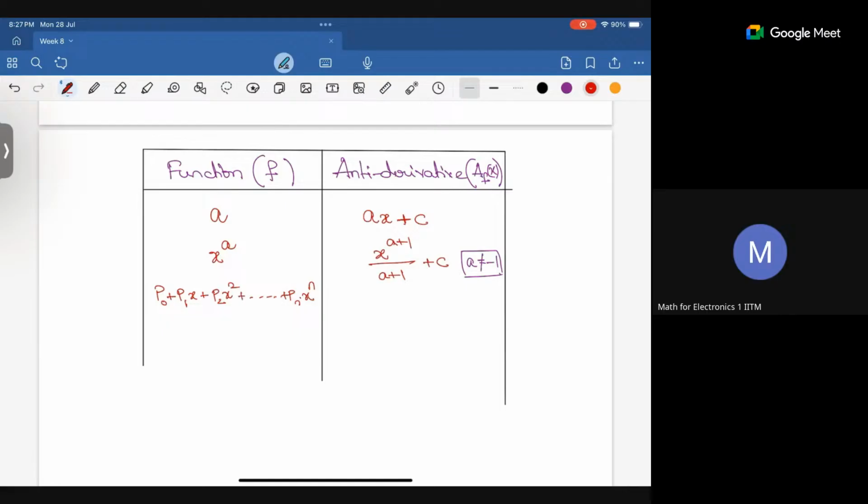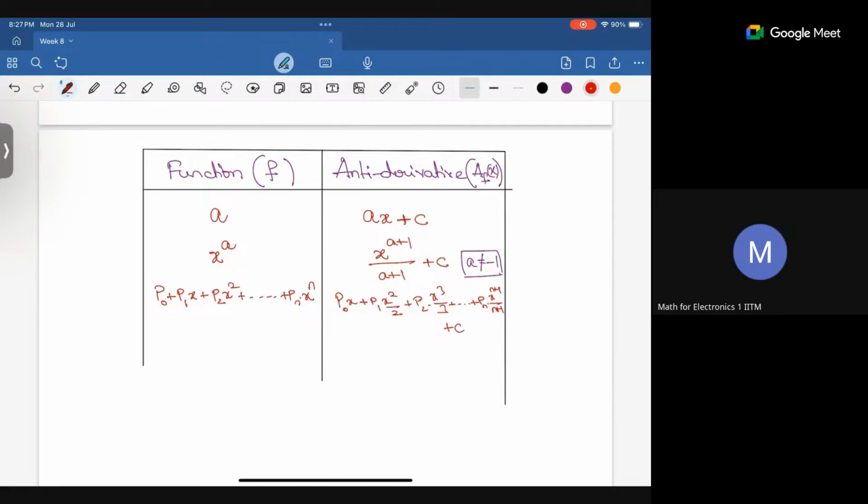So it has a nice property, and we'll use that. You can write this as p0 x plus p1 x squared by 2 plus p2 x cubed by 3 and so on, pn x to the n plus 1 by n plus 1, and don't forget plus c.